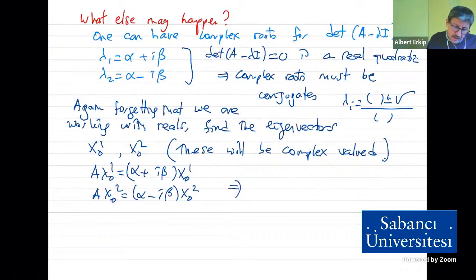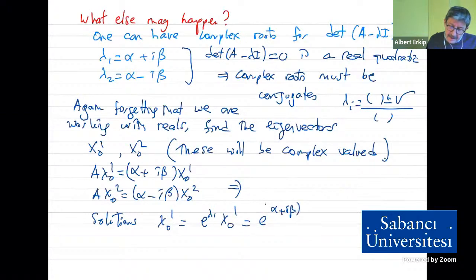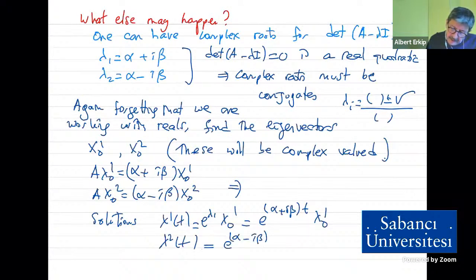In that case, I get solutions as x1 of t equals, let's just write it, some constant c times, I'm not going to write the c, e to the lambda 1 t x0,1, which is e to the alpha plus I beta t x0,1, and x2 of t will be e to the alpha minus I beta t x0,2.